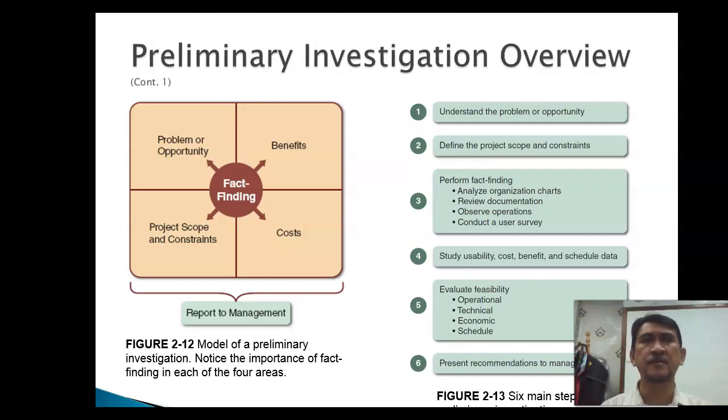You want to sell the idea that this system would benefit the organization. So that's why we have the presentation.